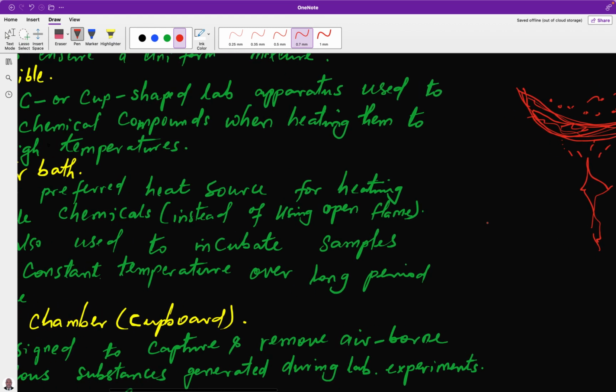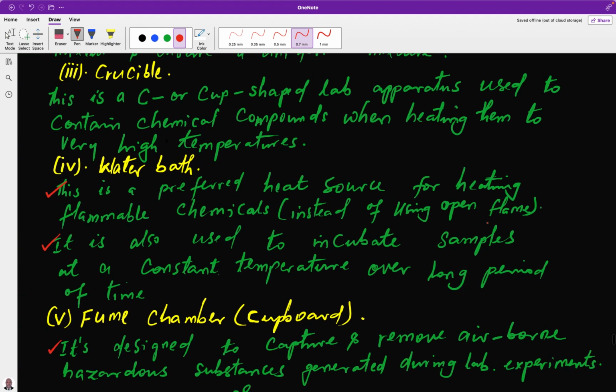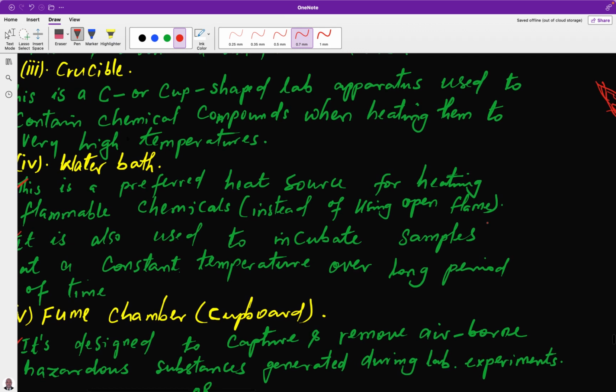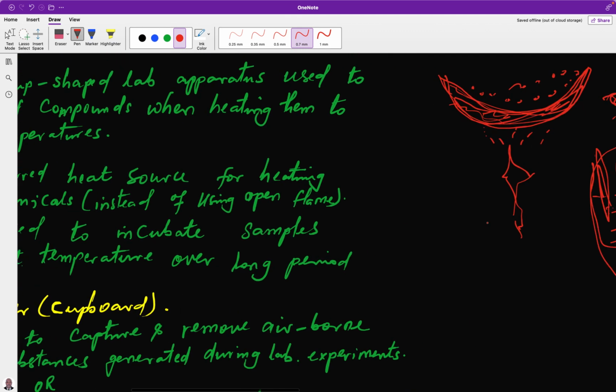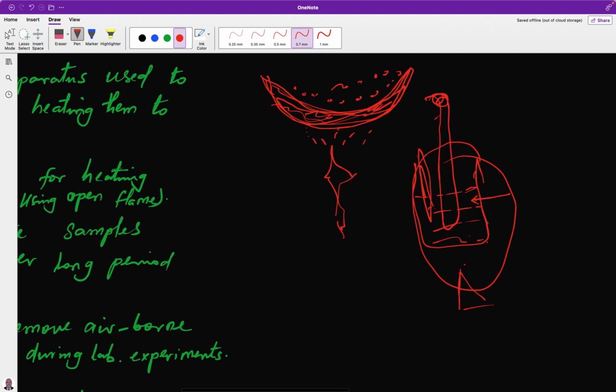So therefore we say this is a preferred heat source for heating flammable chemicals, because if you take flammable chemicals and heat them directly on the Bunsen burner, it's going to be hazardous. So we don't heat flammable chemicals directly on the Bunsen burner. We will use a water bath.